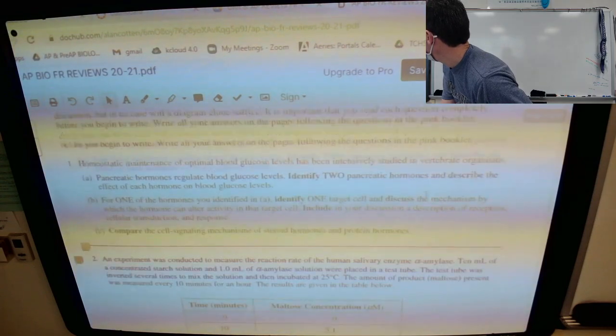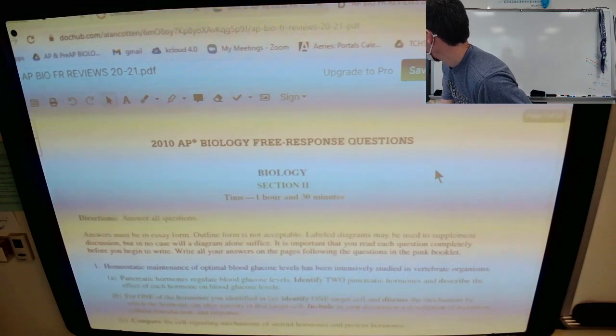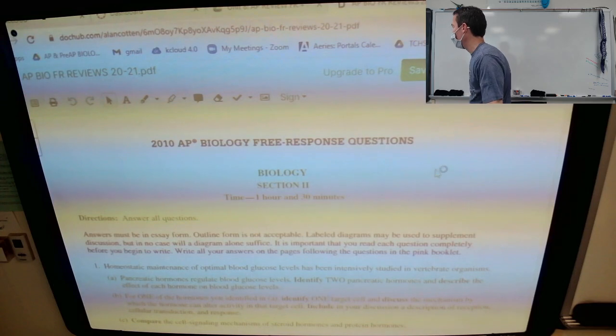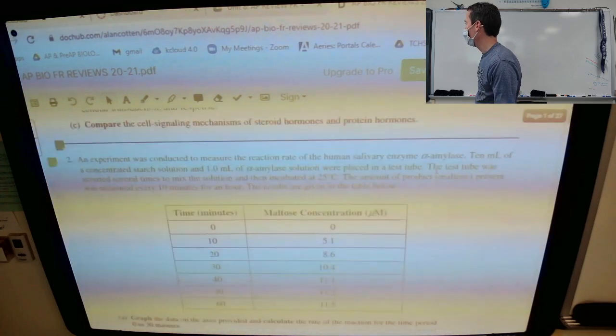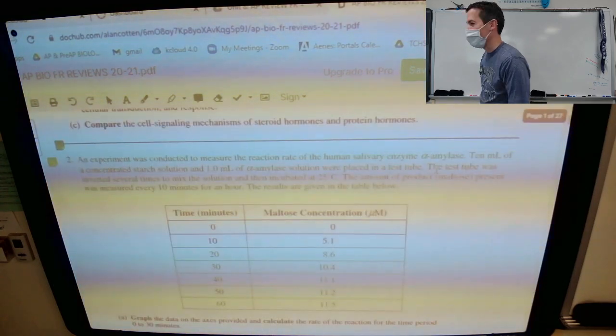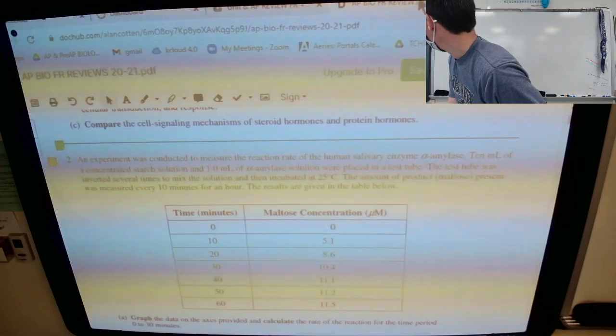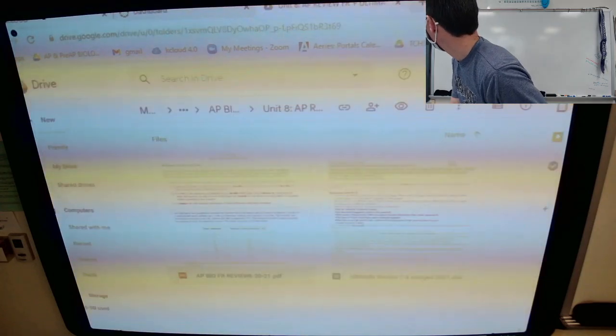So in after school review yesterday, we did 2010 number 1. Here's 2010 number 2. Now, I'm going to get out of Google Docs and use my own saved PDF version.